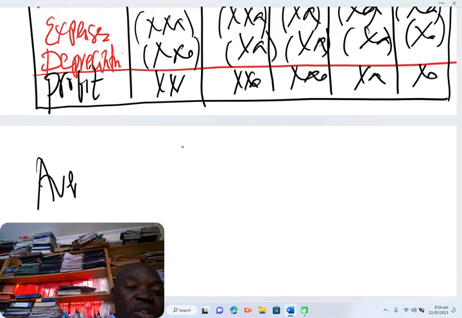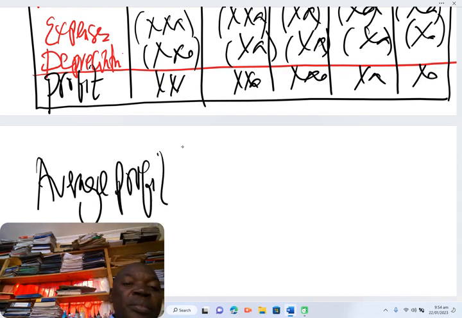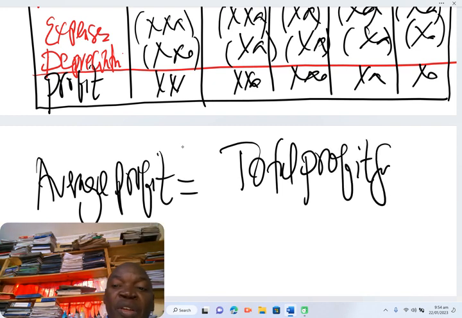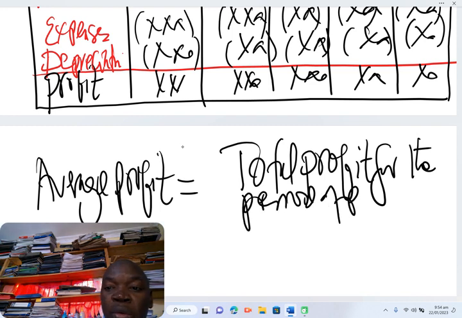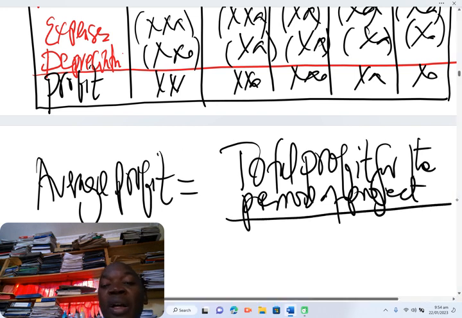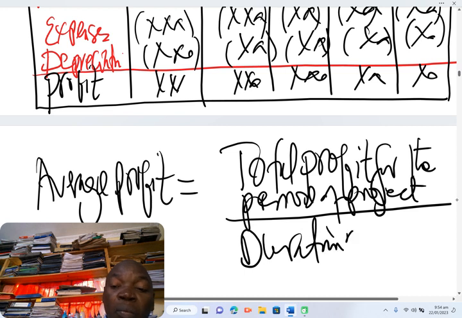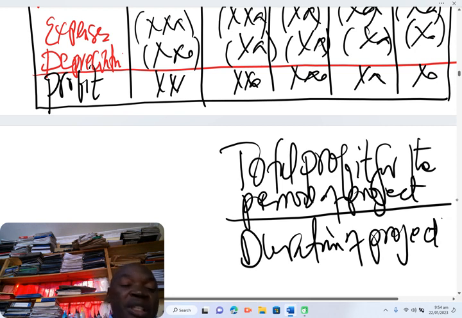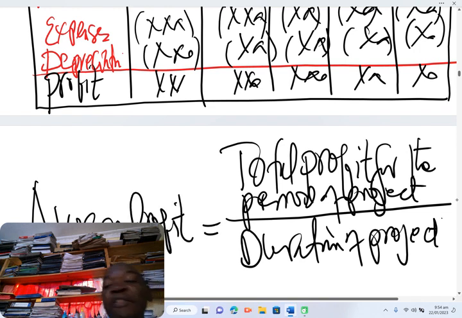So average profit is defined as total profit for the period of the project over the duration of the project.